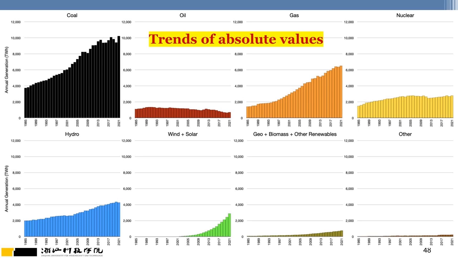And also we have nuclear power. It increased at the beginning and then becomes quite steady in the past 20 years. And also we have hydroelectricity.